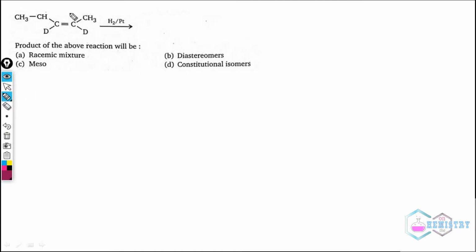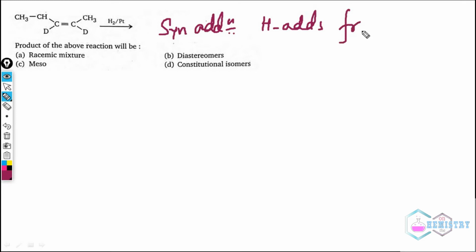Now this problem is from the formation of alkanes. When we use metal catalyzed hydrogenation on alkene, it is always syn addition. That means the hydrogen adds from the same side.